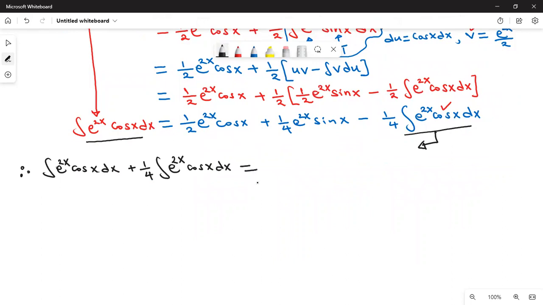Now, on the right-hand side, we remain with these two. That's what we remain with. So it will be 1 over 2 exponential 2x cosine of x plus 1 over 4 exponential 2x sine of x.